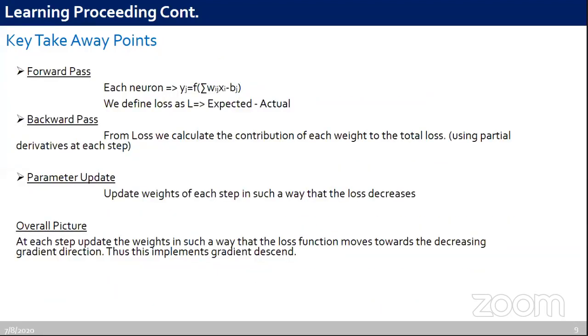Now, as a deep learning model runs, given input data, it has to calculate something called a neuron. Each neuron value is calculated as a function of the summed product of weights and inputs, minus b, which is the bias. The loss we calculate is the difference between the expected and the actual.